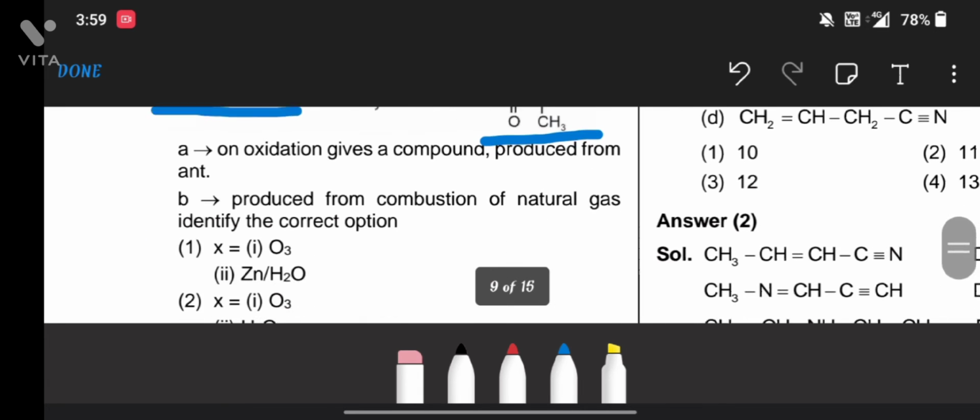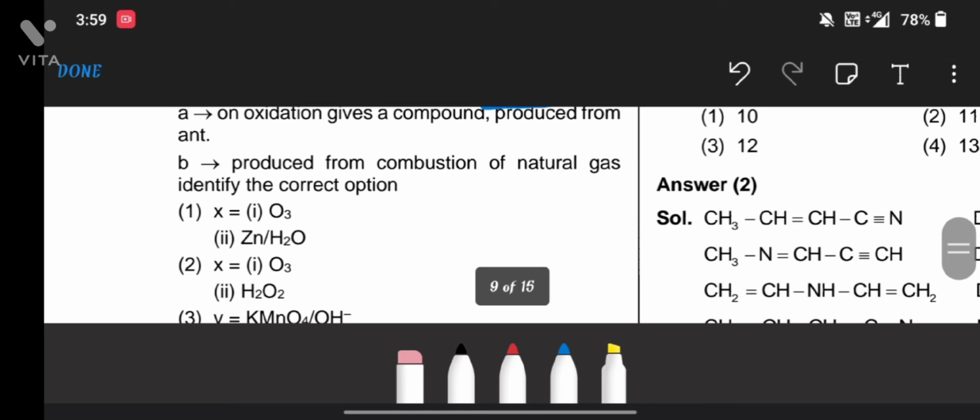So now, what is the question? For A, we have to find the compound that on oxidation gives a compound produced from antoxide. B is produced from combustion of natural gas. Identify the correct option.